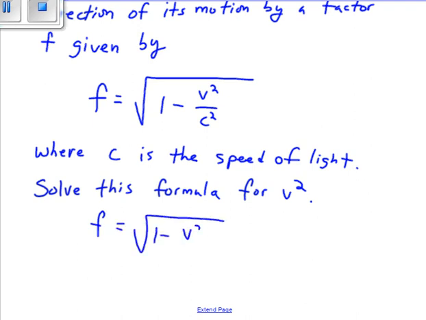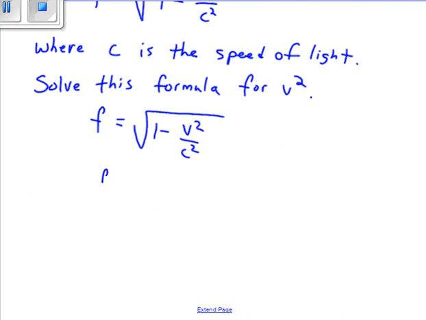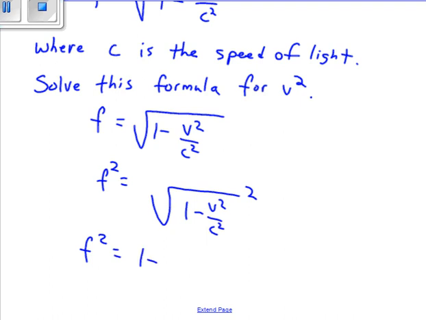So if these were numbers, and maybe just one variable involved, what would I do? Well, I would square both sides. And so now I have f squared equals 1 minus v squared over c squared.